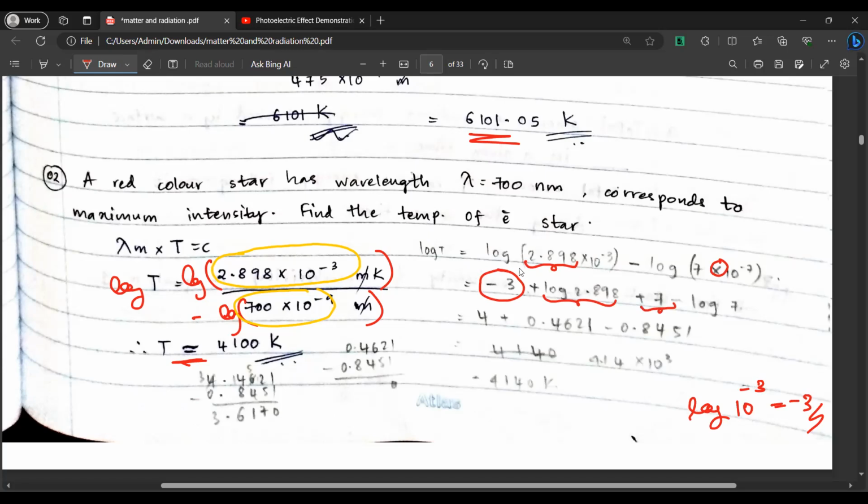And this -7 comes in front. Because we have a negative, it became +7. Okay. Then we simplified, and we use the log table to find the anti-log and get the value. Do you all have any problem with using the logbook? Or is it clear? Can you all do it?